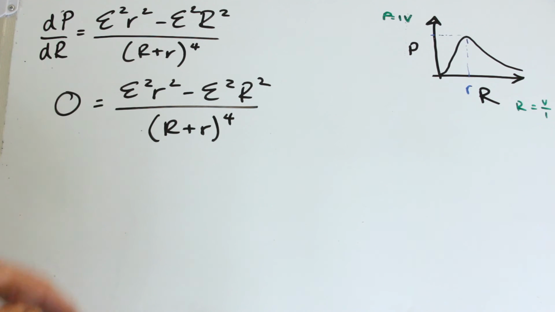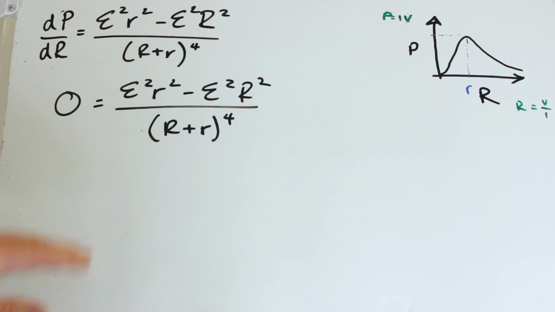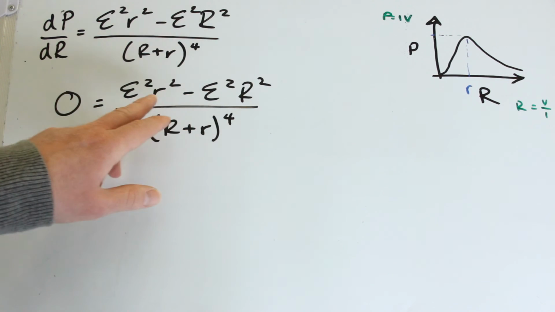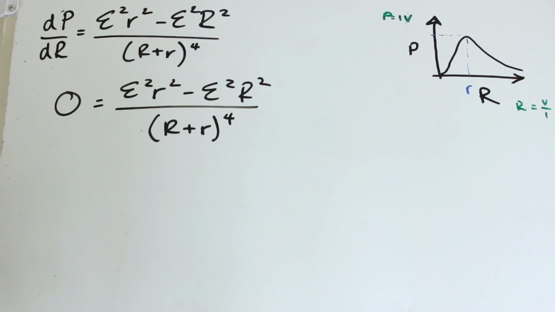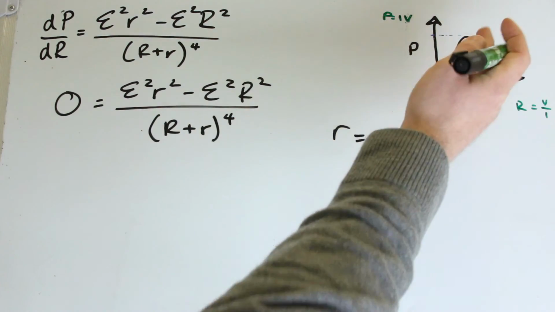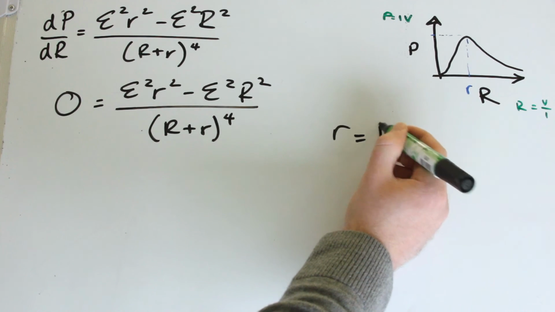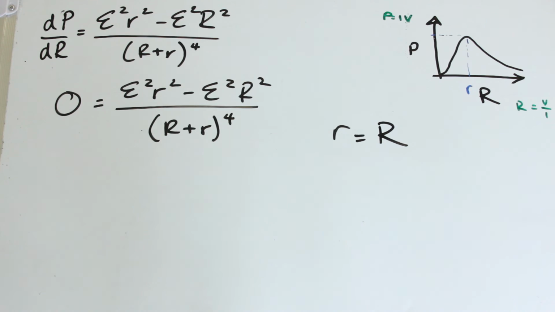So the other possible situation is where the numerator is 0. And because EMF is a constant, the numerator would only be 0 if r and r were the same value. So here this shows that for the maximum power, this stationary point on our observed graph here, the internal resistance is equal to the load resistance.